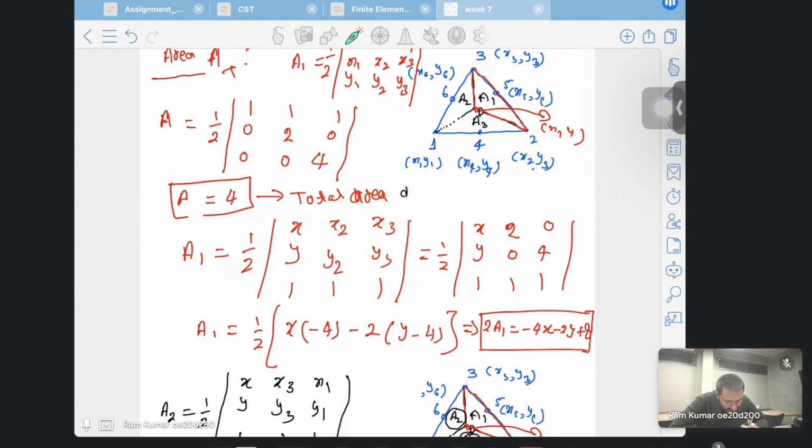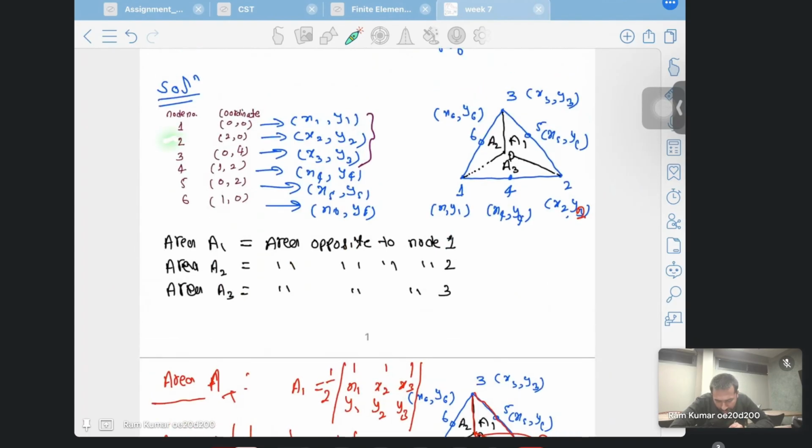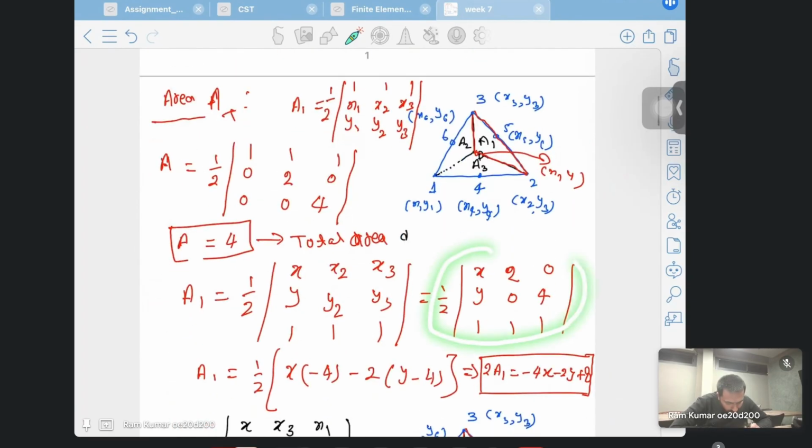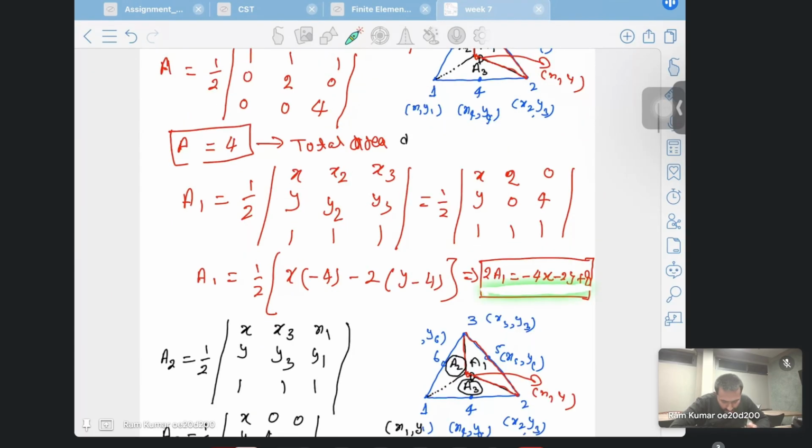After putting in the values, x2 equal to 2, x3 equal to 0, y2 equal to 0, y3 equal to 4, which I have already given here, what you will get is 2A1 equal to minus 4x minus 2y plus 8. This is the value of 2A1.